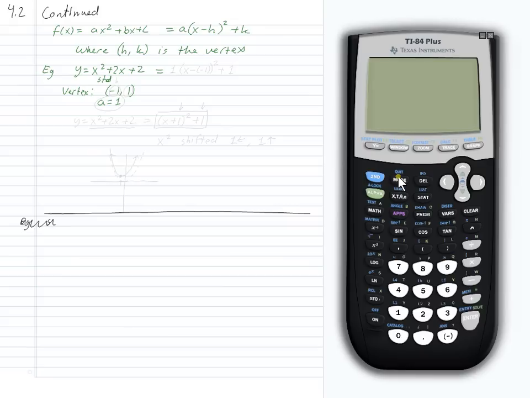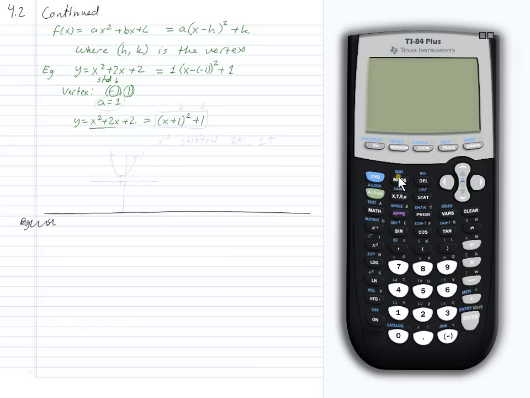Our vertex form is going to involve a, so 1 times x minus h, here we have h, the x coordinate of the vertex, squared, plus k, the y coordinate of the vertex. Okay, so y equals x squared plus 2x plus 2 can be written as x plus 1 squared plus 1.